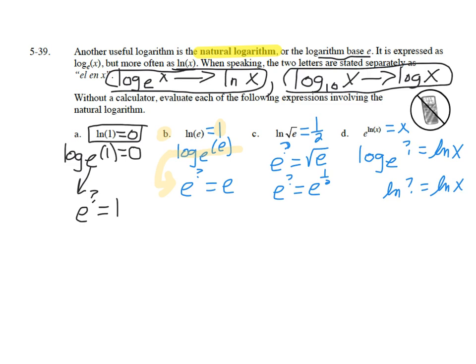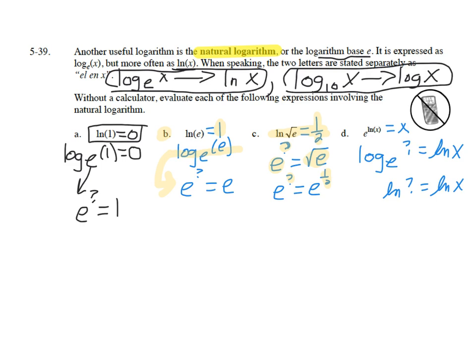Part C, I skipped writing it out in terms of log base E. I just know that for the ln of the square root of E, my base in this situation is E. So I'm going to take E to some power and it has to equal the square root of E. Well, what does this exponent have to be? Well, the square root of E is the same as E to the 1/2. So I get 1/2 for my exponent. Therefore, the ln of the square root of E is equal to 1/2.